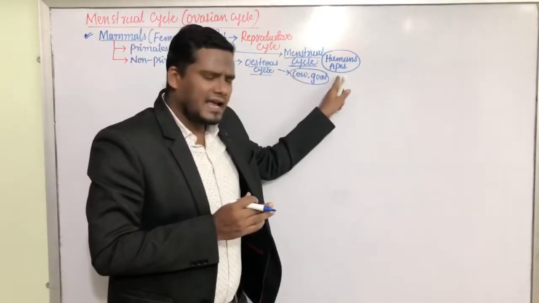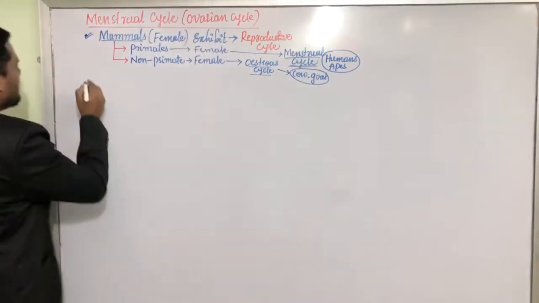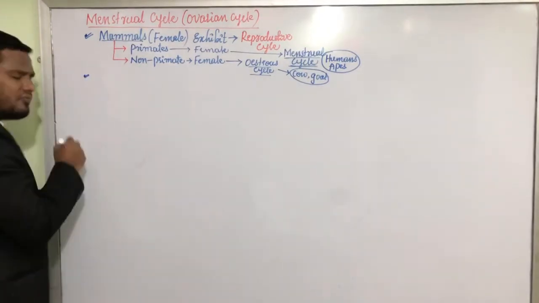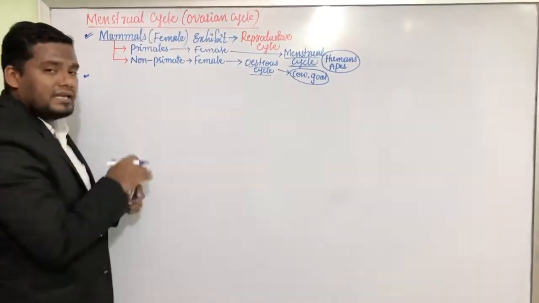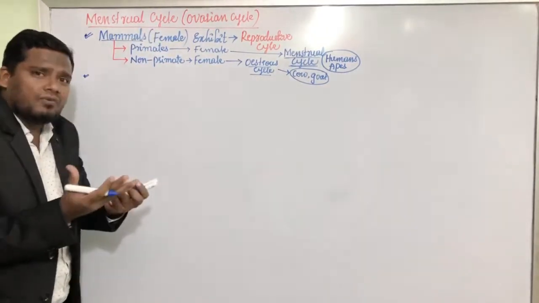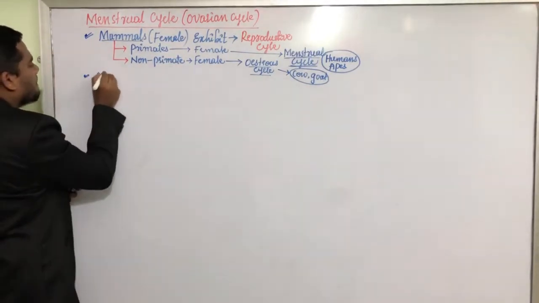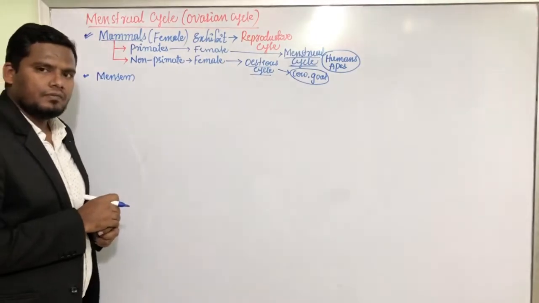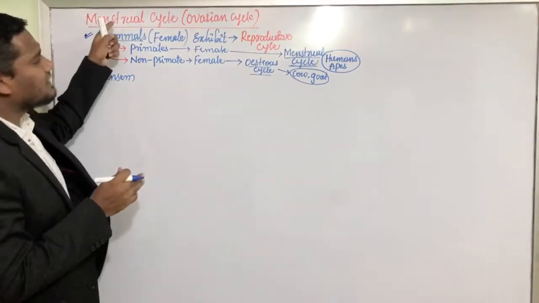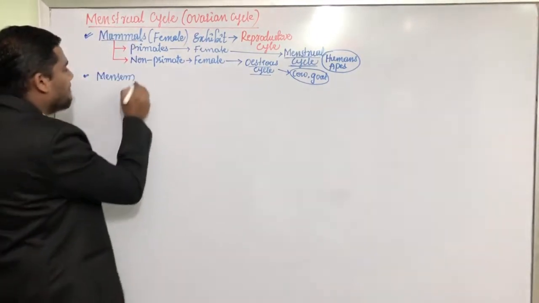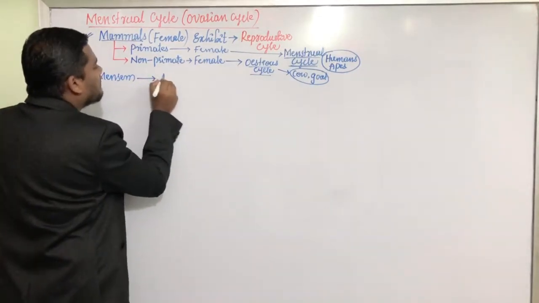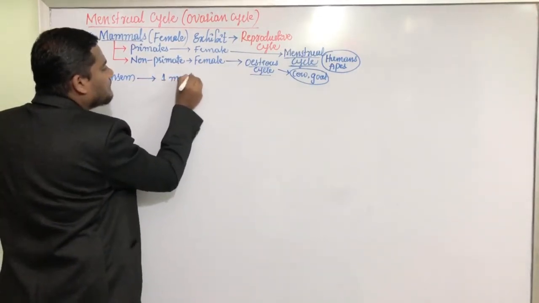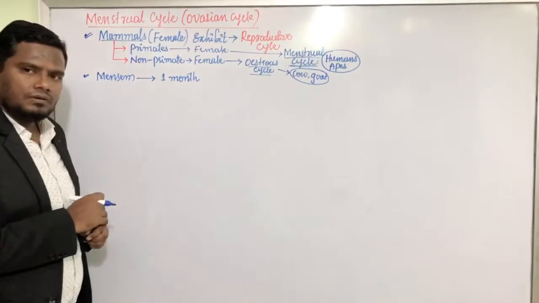This word menstrual is derived from a Latin word, mensem. Mensem is the word from where we have taken the word menstrual. Mensem means one month.